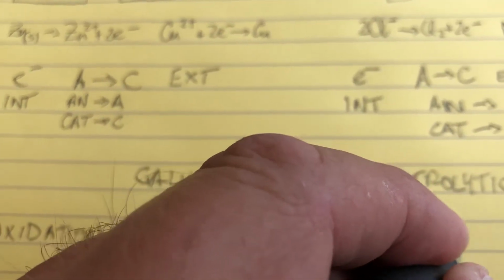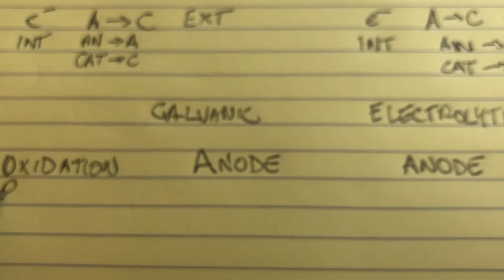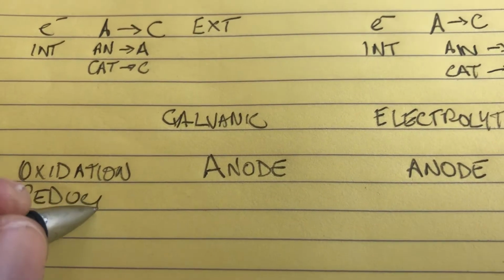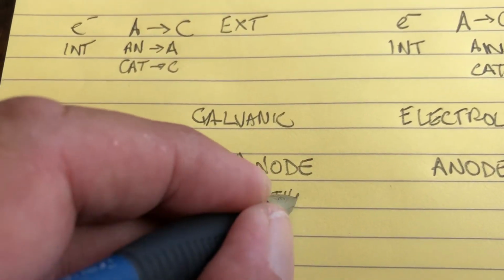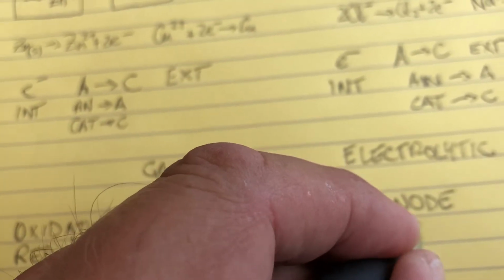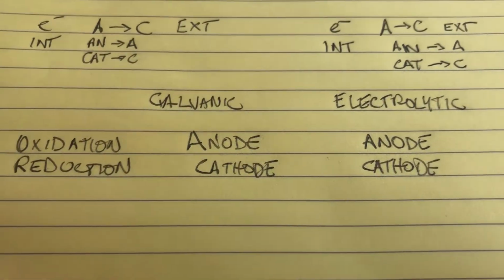Oxidation always occurs at the anode. That means reduction always occurs at the cathode, in both. Okay, they're the same.